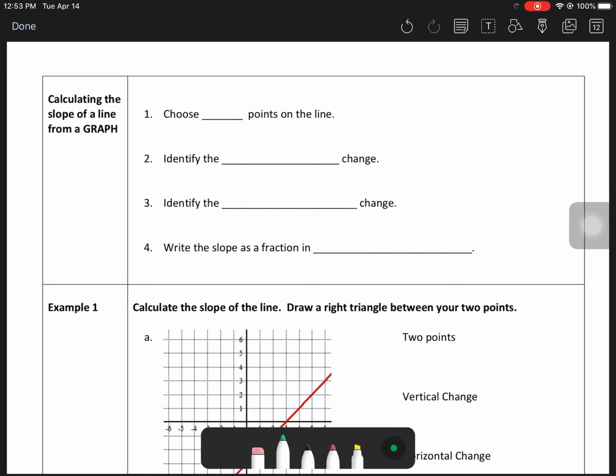So to find slope of a line, or the angle of the line, we're going to choose 2 points on the line. We're going to figure out what the vertical change is. How far did we go up or down? And we're going to figure out the horizontal change. How far did we go left to right?